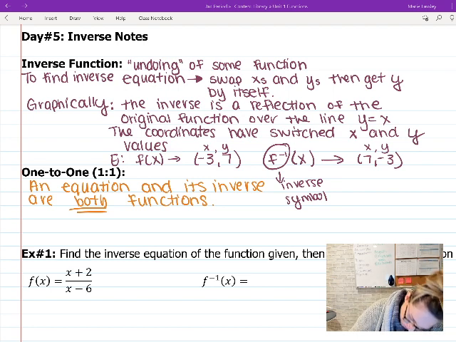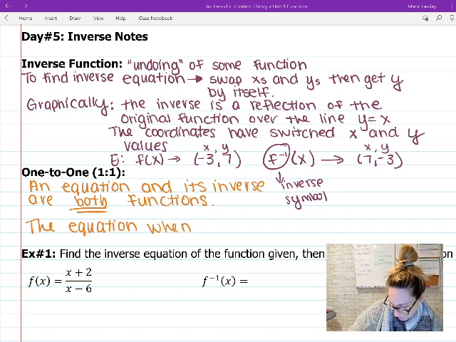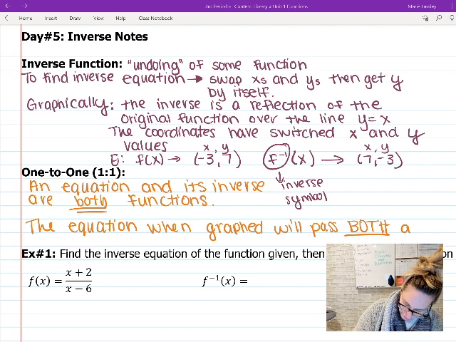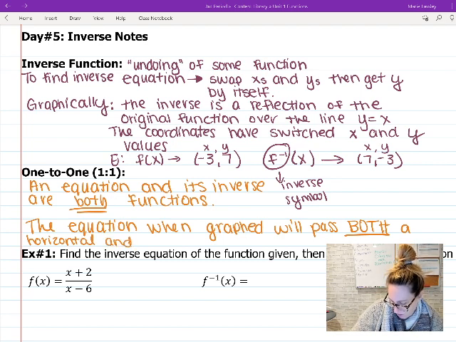So the equation, when graphed, will pass both a horizontal and vertical line test.